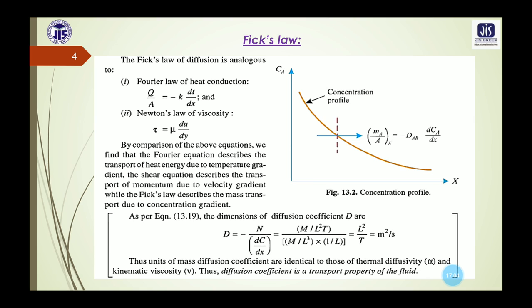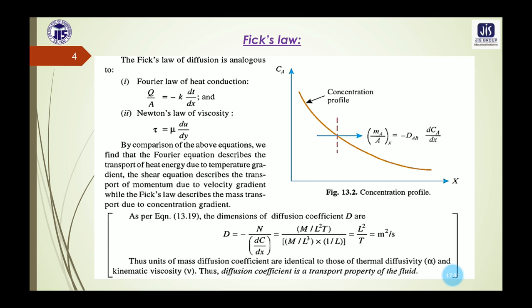This Fick's law of diffusion is analogous to Fourier's law of heat conduction, which we studied earlier, that is Q equals to minus k A dT by dx, and Newton's law of viscosity. Newton's law of viscosity is tau equals to mu du by dy, that is, shear stress is proportional to rate of shear strain. Tau is the shear stress and mu is the dynamic viscosity.